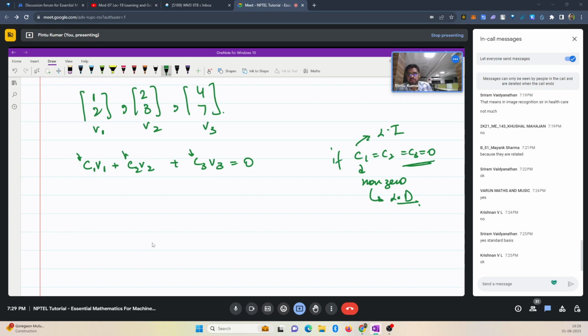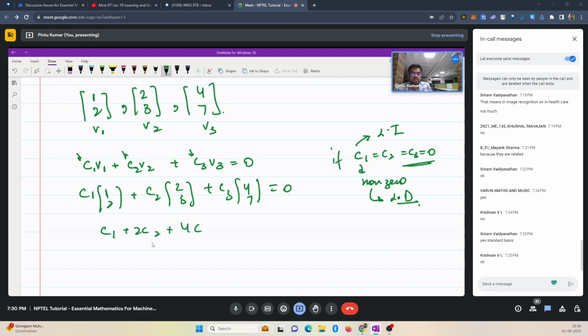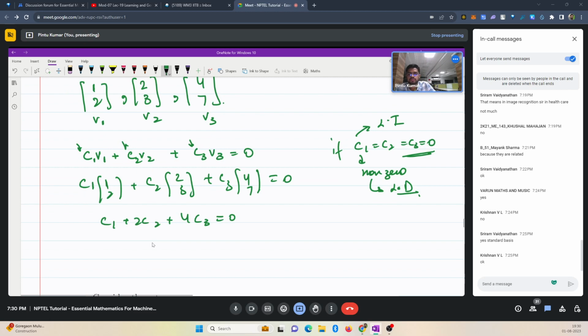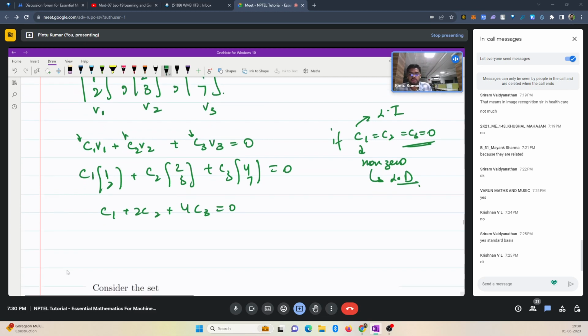So this would be C1 (1, 2) plus C2 (2, 3) plus C3 (4, 7) equal to 0. Now let's write it out. C1 plus 2C2 plus 4C3 is equal to 0. Now 2C1 plus 3C2 plus 7C3 equal to 0.